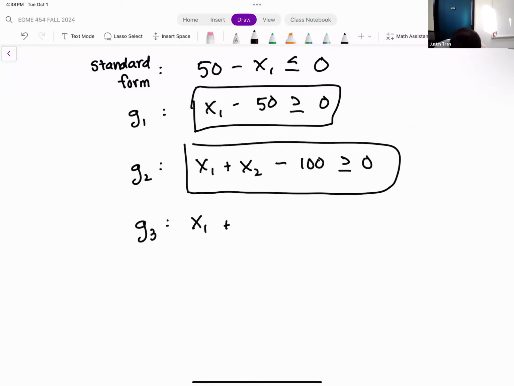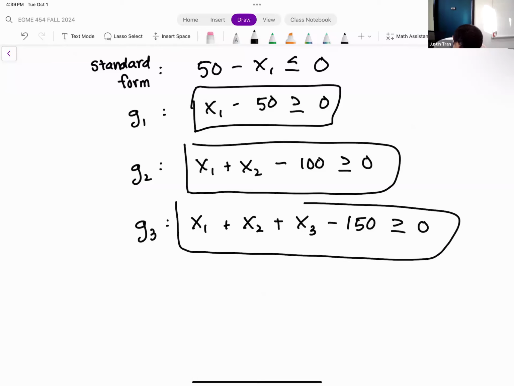X1 plus X2 plus X3 minus 150. That's the third constraint.